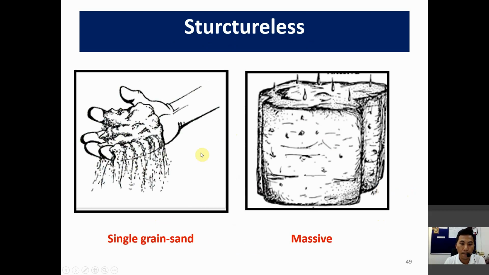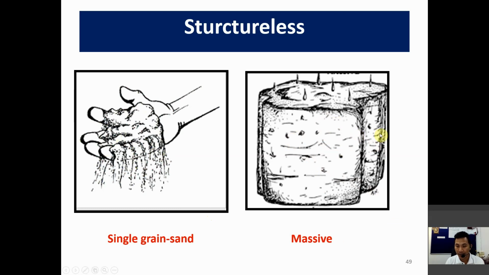That could happen. We also have some structureless structure. This one is misspelled here, sorry for that. The single grain is sand, where you can see all the individual sand grains, and the massive structure is where you actually have no structure at all.